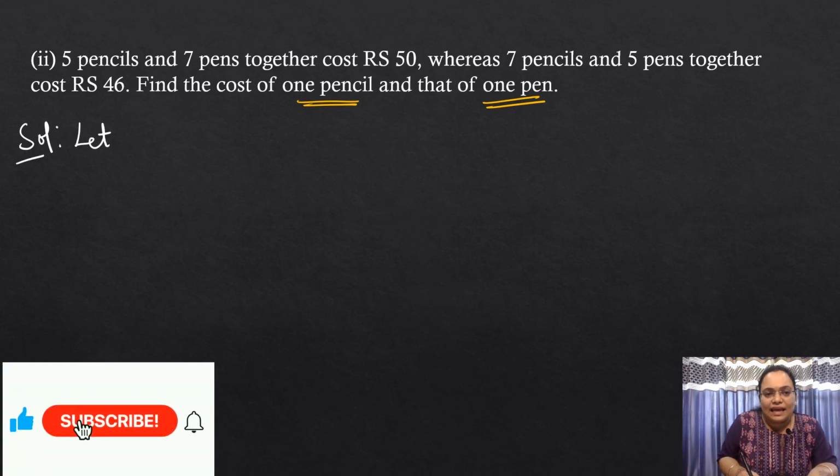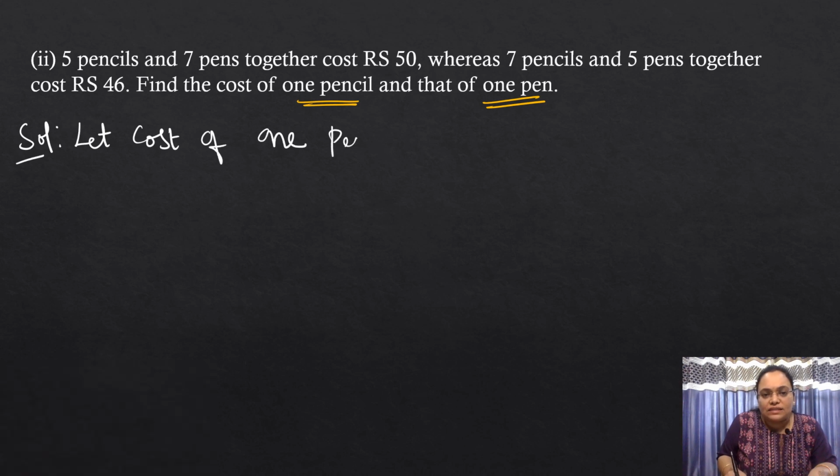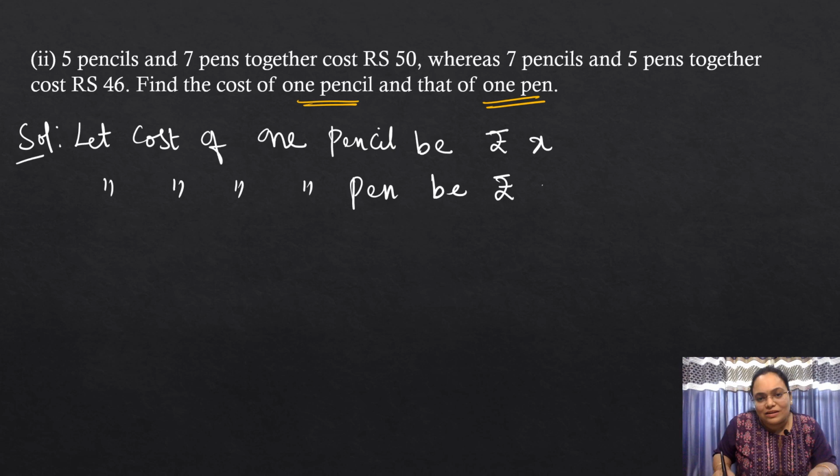Let the cost of one pencil be rupees x and the cost of one pen be rupees y. He says that 5 pencils and 7 pens together cost rupees 50. So 1 pencil costs rupees x, and 5 pencils cost us rupees 5x.